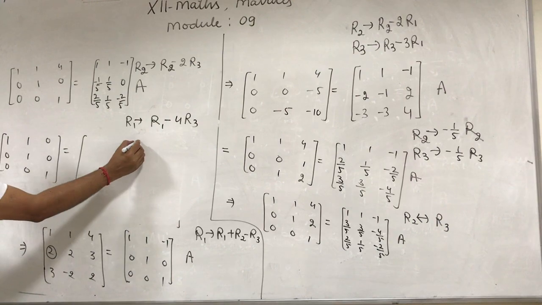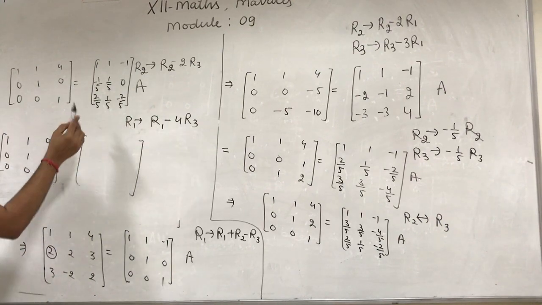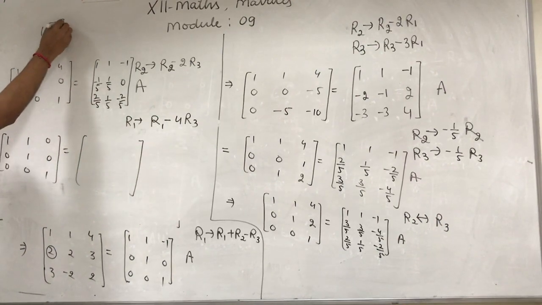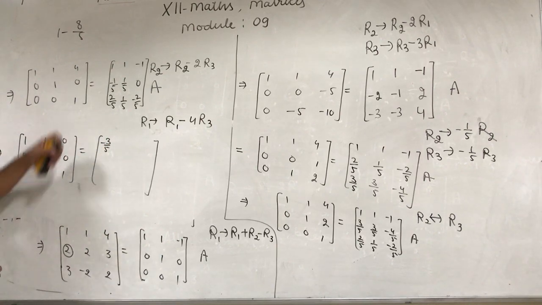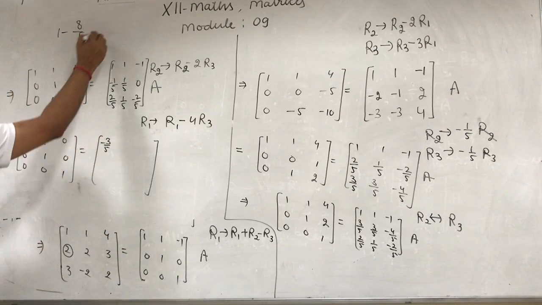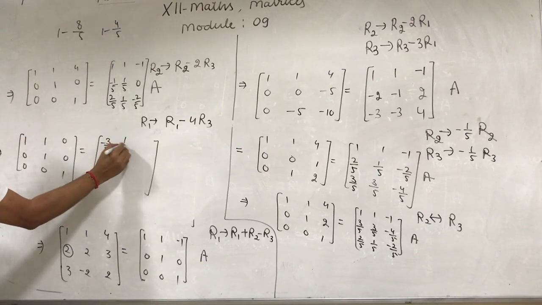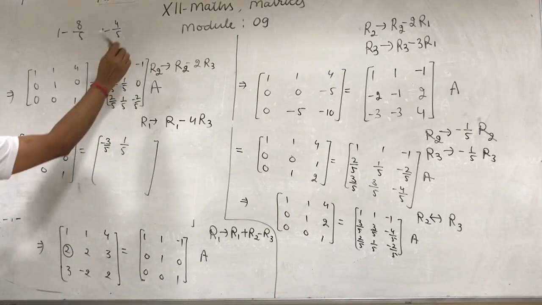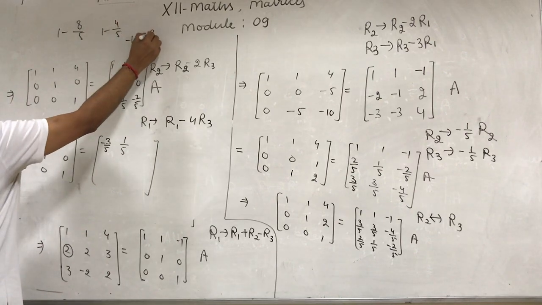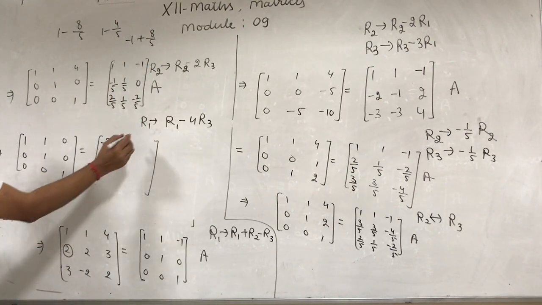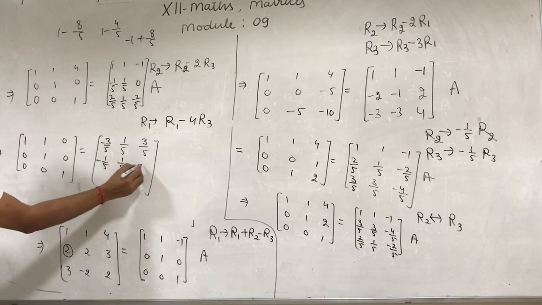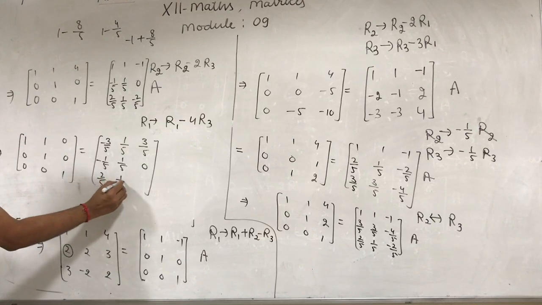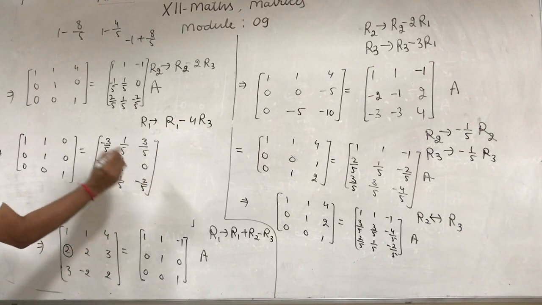And same here, R1 minus 4R3. 1 minus 8 upon 5, 4R3. This will become minus 3 upon 5. 1 minus 4 upon 5, this will become 1 upon 5. And minus 1 plus 8 upon 5, this will become 3 upon 5. Minus 1 upon 5, 1 upon 5, 0, 2 upon 5, 1 upon 5, and minus 2 upon 5.